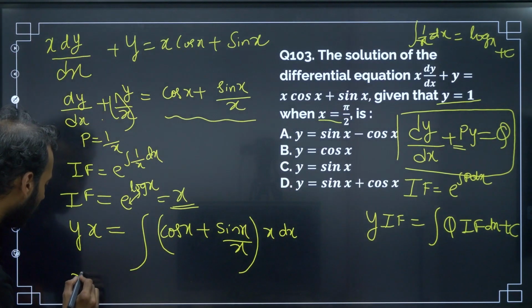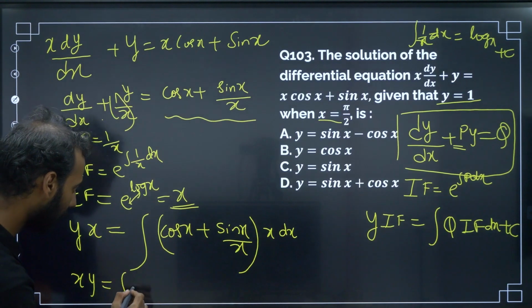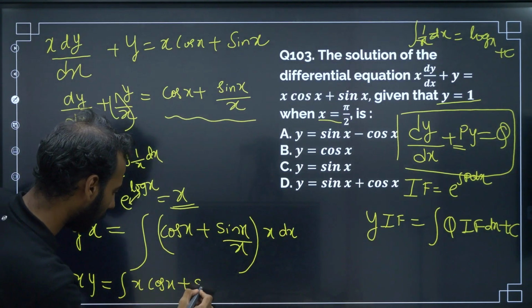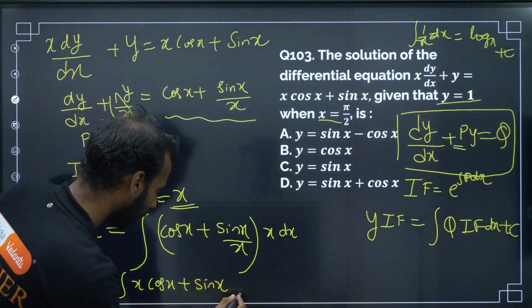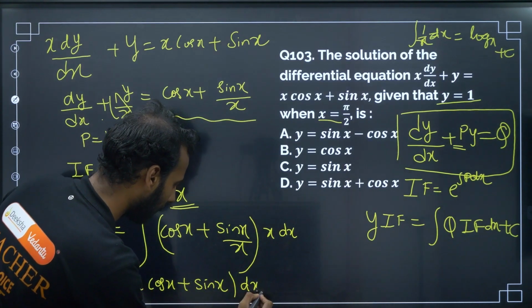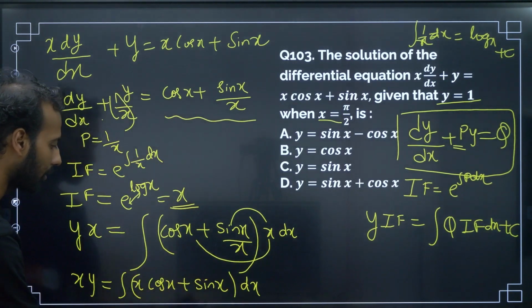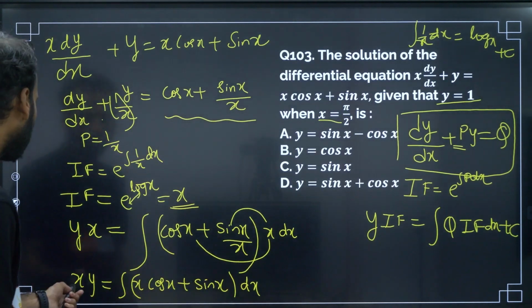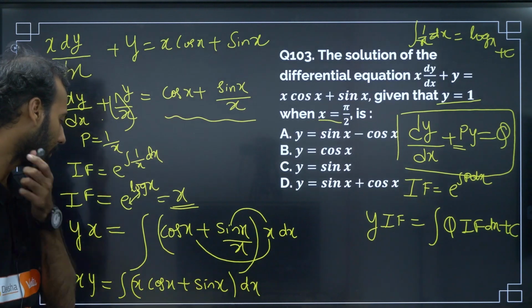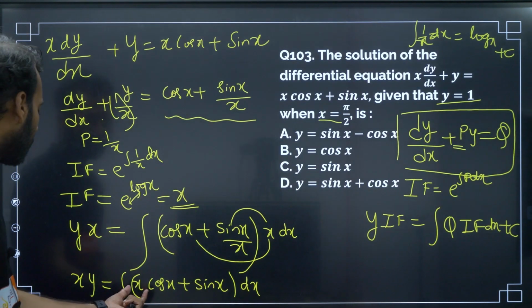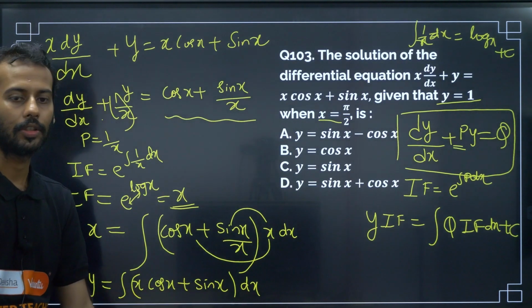Next, xy is equal to integration of x cos x plus sin x dx. I am just multiplying x to this term and x to this term also. So this is the integration. Now we can go for solving this integration.